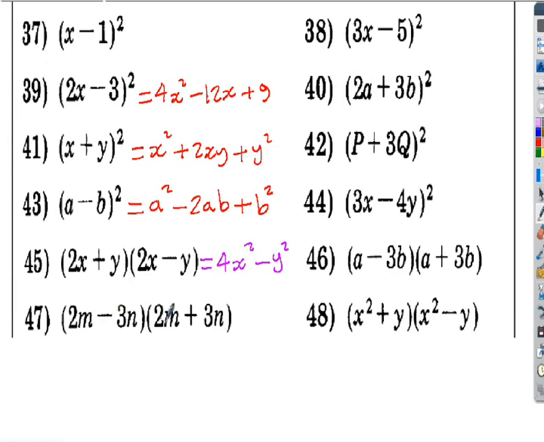In question 47, again we have the product of the sum and difference of two terms, so we square the first term, the 2m all squared is 4m squared, and we minus the second term all squared, so that's minus 3n all squared is 9n squared.